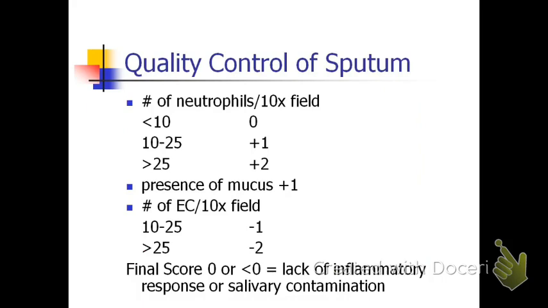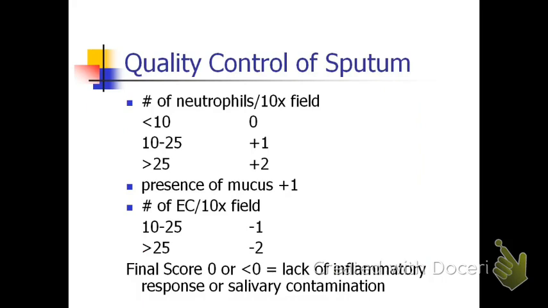Now, this is a scoring technique for us to differentiate whether you are actually seeing a sputum sample or a saliva sample. So, what are we supposed to do? There is a scoring system. First, you assess the number of neutrophils in 10 fields.